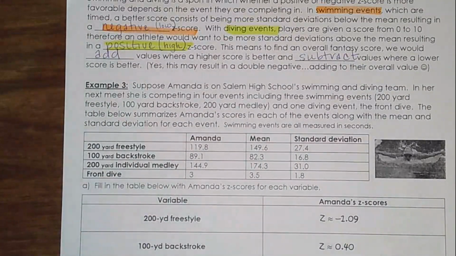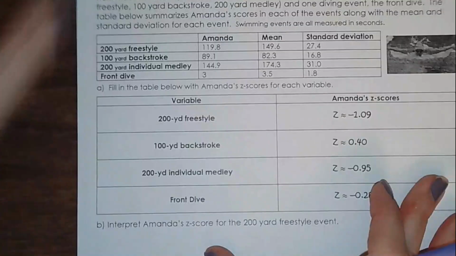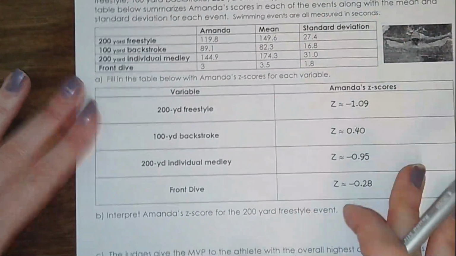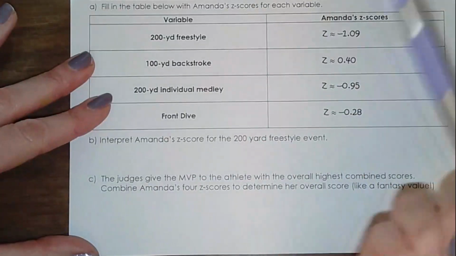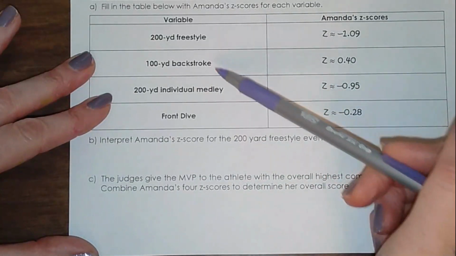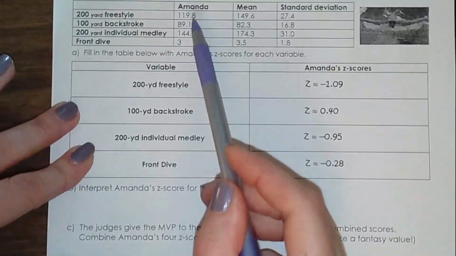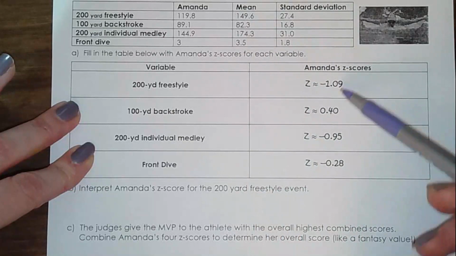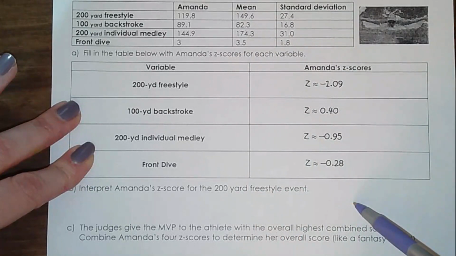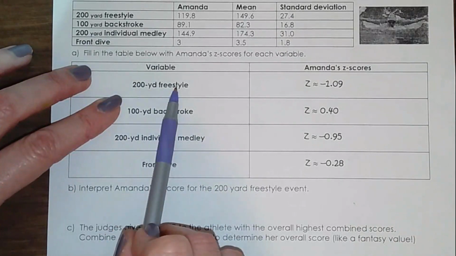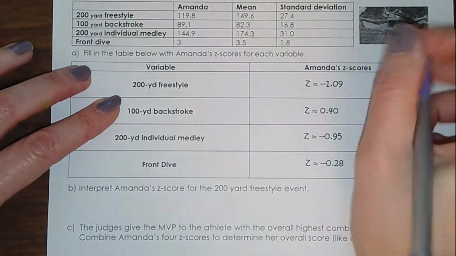Okay, so we have data on Amanda, who's a swimmer, okay? She performed in her meet, let's say, in these 4 events. And based on her performance, mean and standard deviation, these are the corresponding z-scores. Remember, this is a swimming event, so we actually would want a low z-score. Low z-score is better.